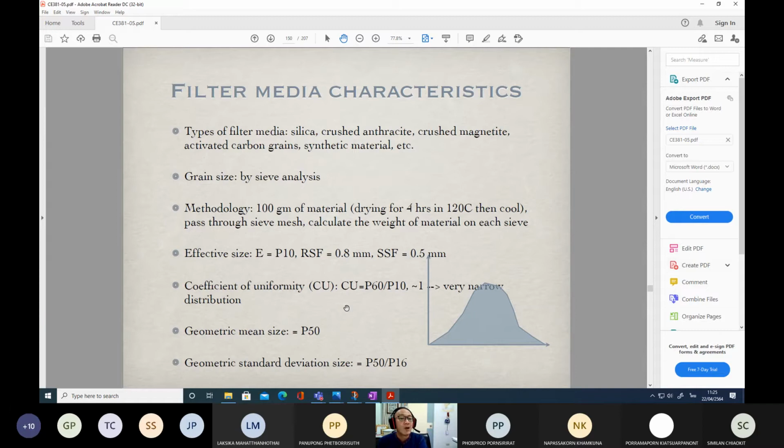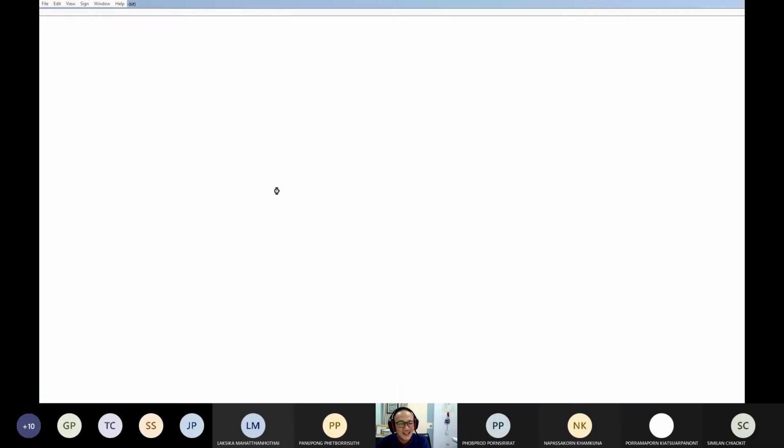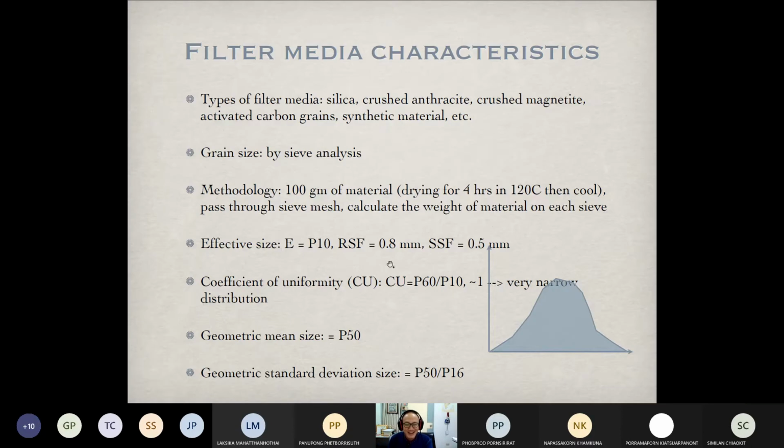If you still remember the experiments that you practiced, I think in the second year, material testing, you had to do the sieve analysis and then plot the normal distribution, something like this, right? For the filter media, we also make use of this information to select the proper size to be used in the filter.